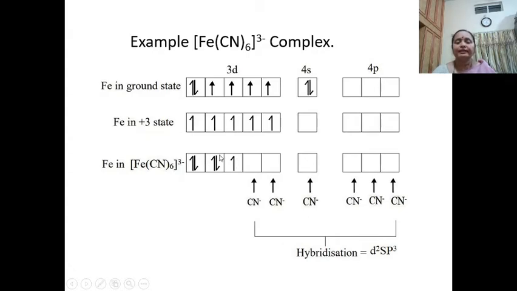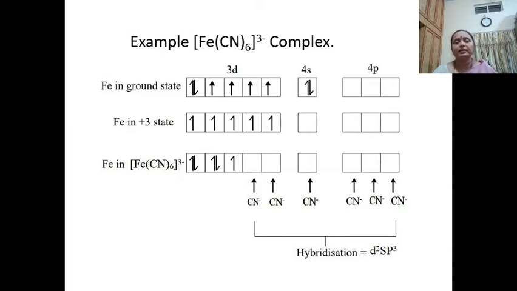So now the central metal ion uses d2sp3 hybridization, and the hybrid orbitals formed are going to be oriented in an octahedral geometry. These 6 cyanide ions, which are having a lone pair of electrons, will occupy the hybrid orbitals, forming a hexacyanoferrate 3 complex.